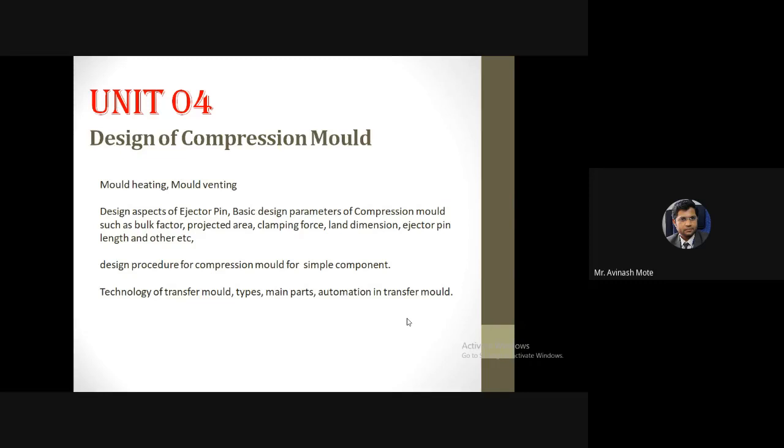Otherwise, once we pour very high temperature molten material inside, the mold cavity will start expanding because of the thermal expansion coefficient. That should not happen. So this temperature factor is also required to consider while designing the molds, at least for molds.